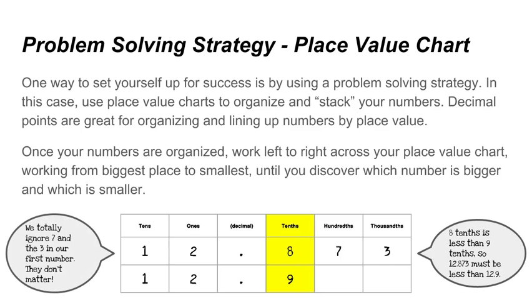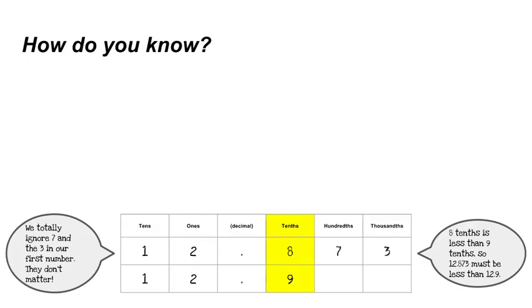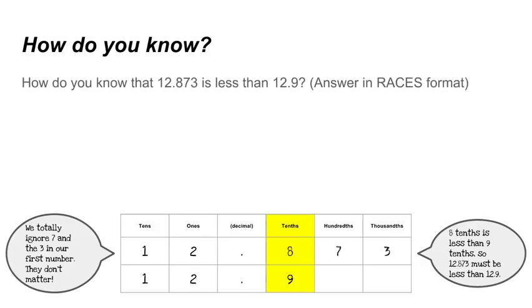We totally ignore the 7 and the 3, by the way, in our first number. They don't matter because we figured out which number was bigger and which number was smaller by the time we got to the tenths place. How do I know that 12 and 873 thousandths is less than 12 and 9/10ths? I'm going to practice answering this question in RACES format.